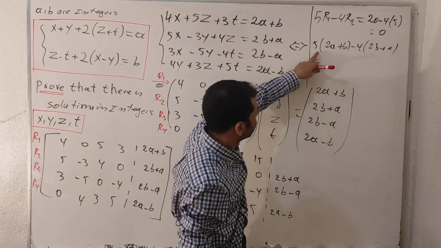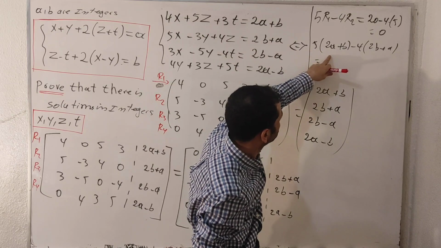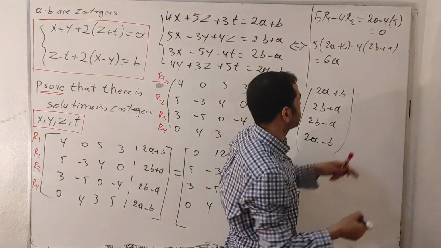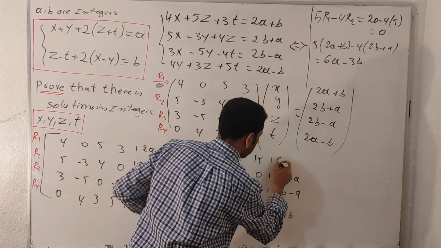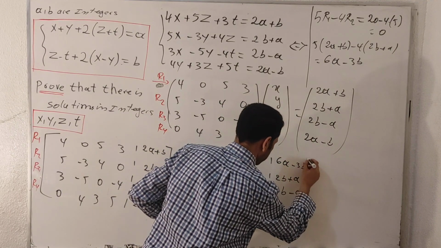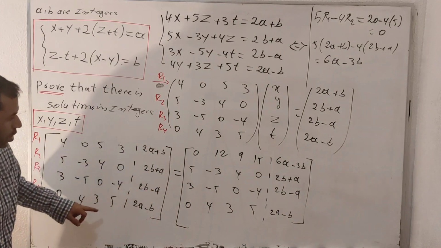So simplifying this expression: 10a minus 4a is 6a, and minus 3b. So I'm going to write this here: 6a minus 3b. Now I'm going to erase this and put in a new matrix.